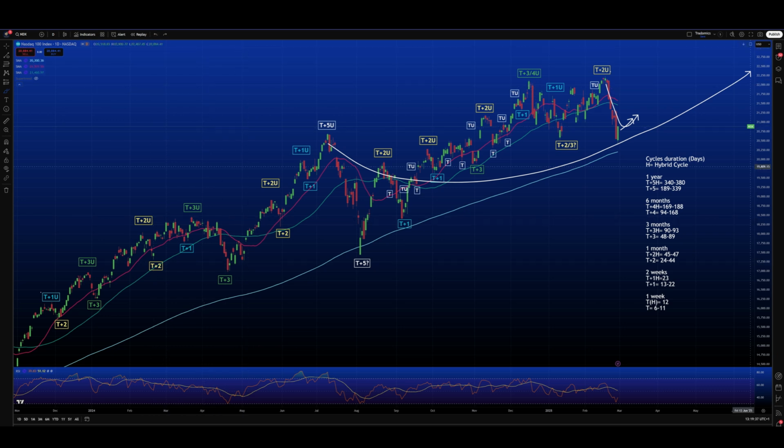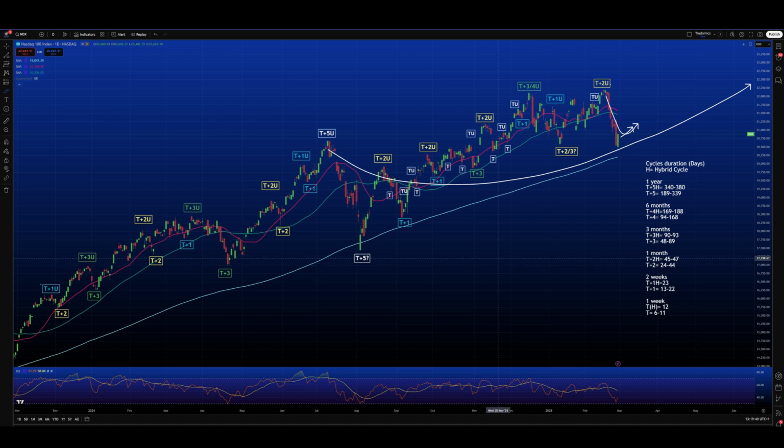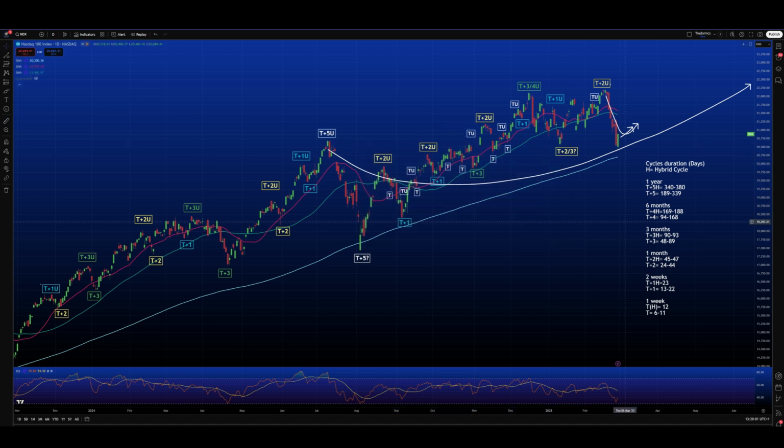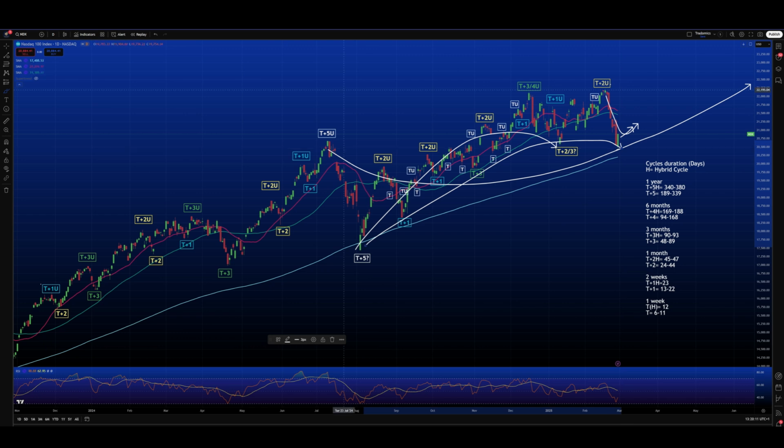Same thing regarding the downward cycles, because here we have from this low on the 5th of August 2024 until here a duration of 142 bars. If we gauge the total duration until this low here, we have 110 bars. So we can have the closing of a T+4 either like this or like this.